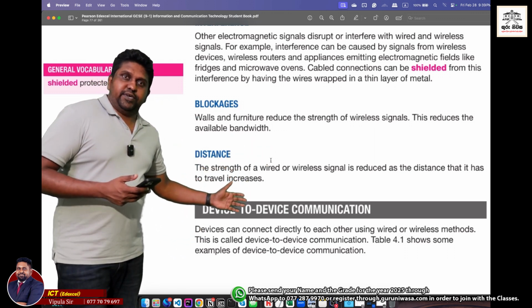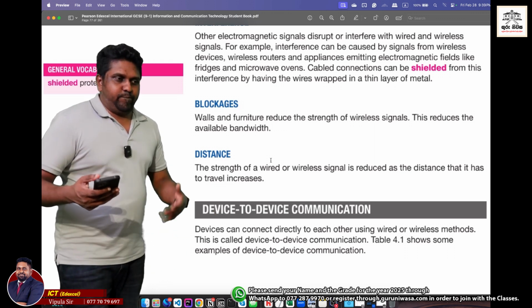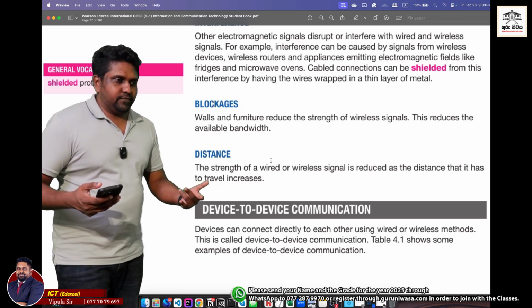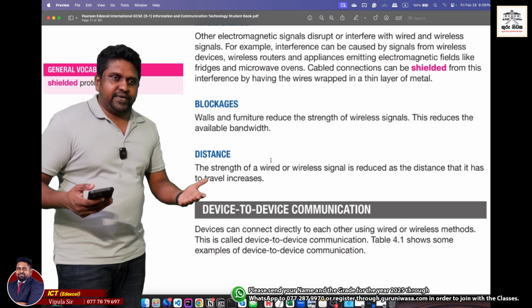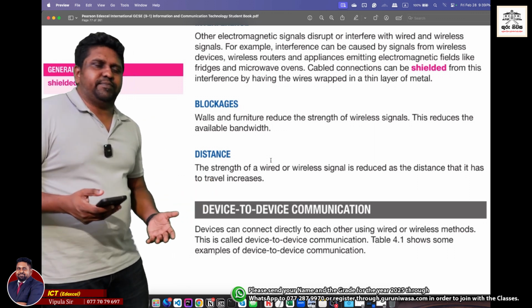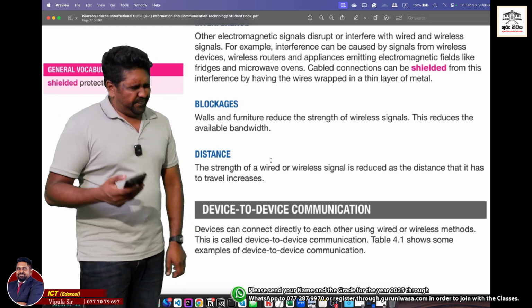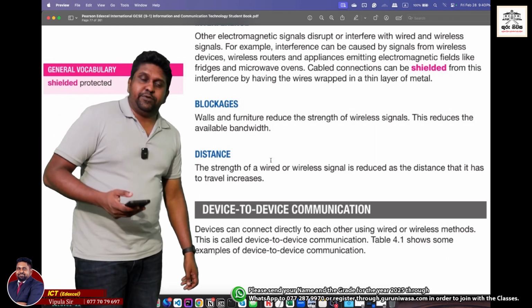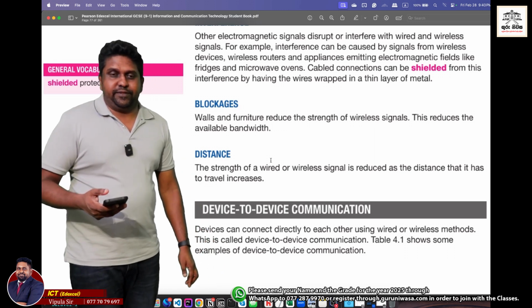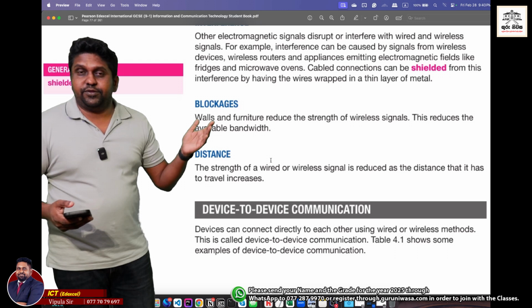There are workarounds for this. I think you all might have seen this: if you go to a big hotel, most hotels have Wi-Fi all throughout the place, right?